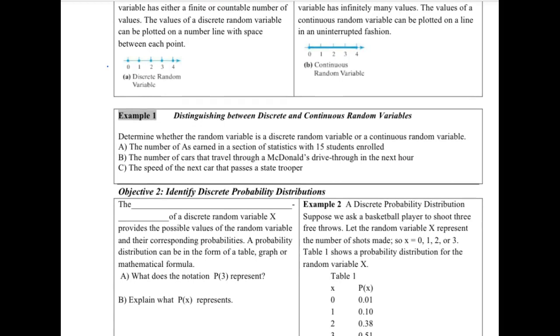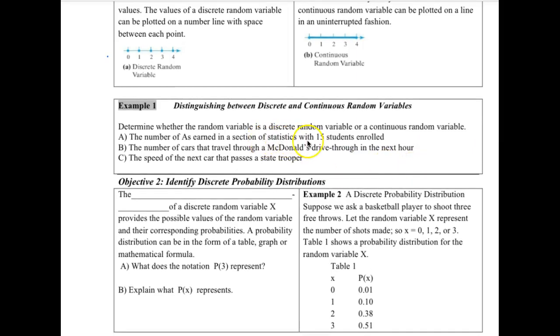Let's take a look at the first examples that we have here. In these first examples, determine which ones are discrete and which ones are continuous. Take a look, read that real quick. Okay, so you're considering the first situation. Think about it, discrete or continuous random variable. Determine the number of A's earned in a section of statistics with 15 students.